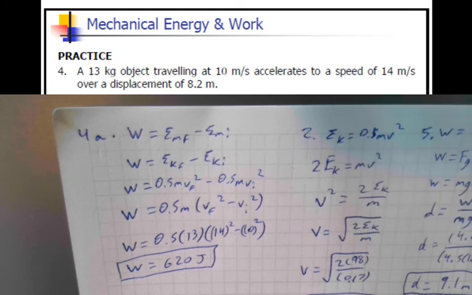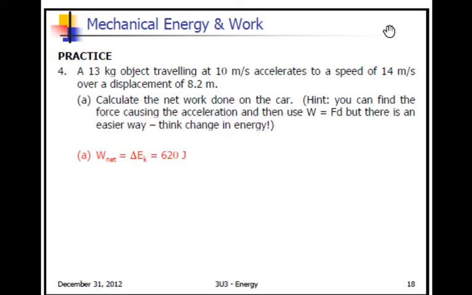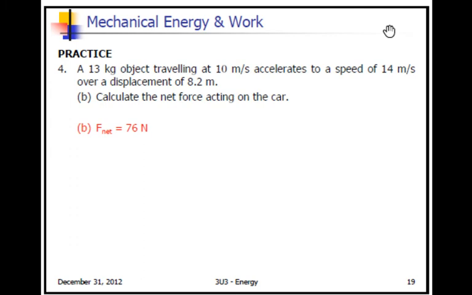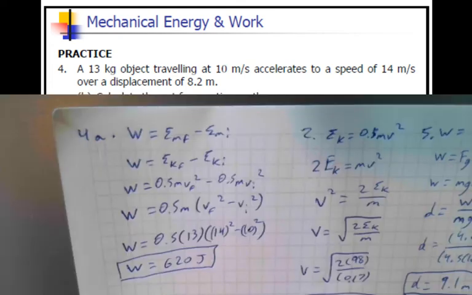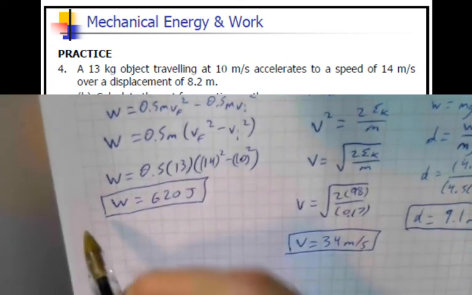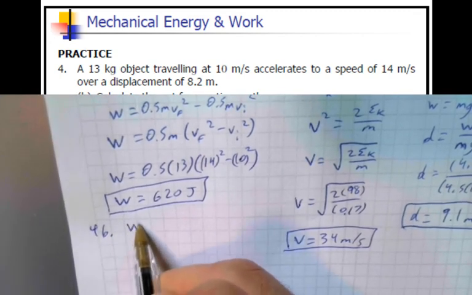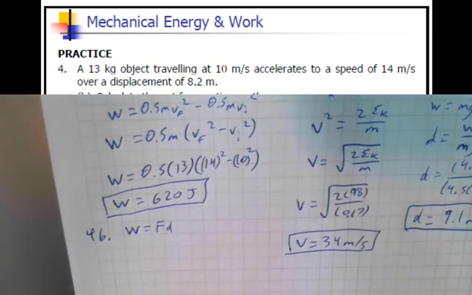Now let's look at our next question. Calculate the net force acting on the car. Well, now that we have our work of 624, or 620 as it's rounded, we can find our force. So work equals force times distance, or displacement.